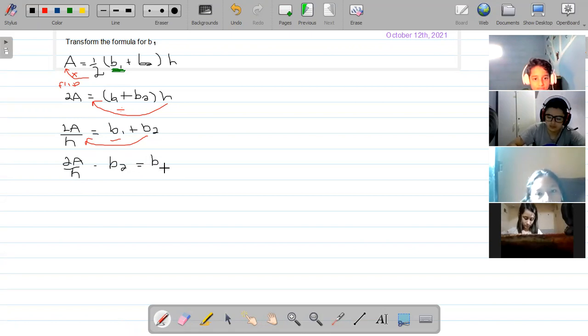And this is equal to B1. And that's it. This is your final answer because you left the variable B1 completely alone. Okay, so remember, it goes subtracting, but it subtracts from the whole fraction that you have already. It's not 2A minus B2, everything over h. It's 2A over h minus B2. Okay.